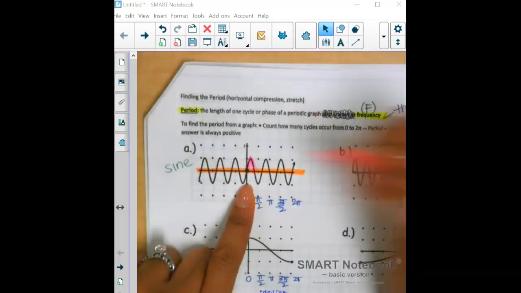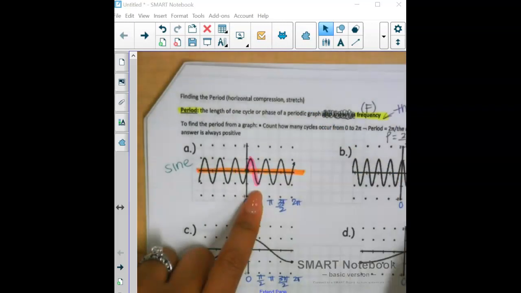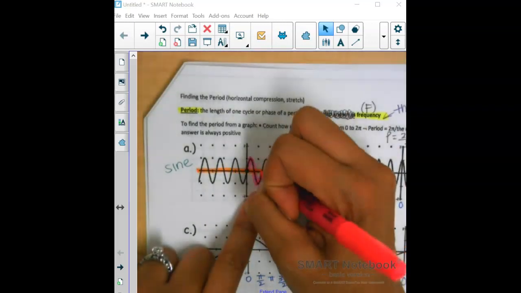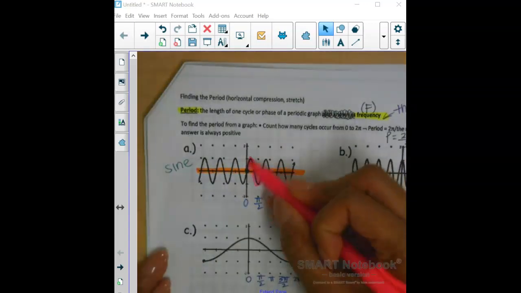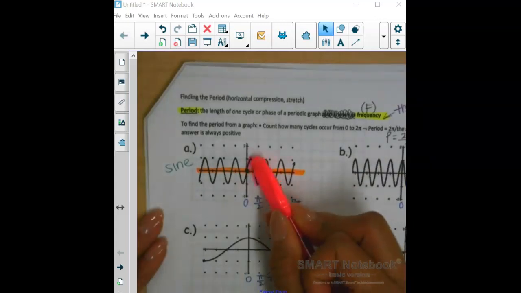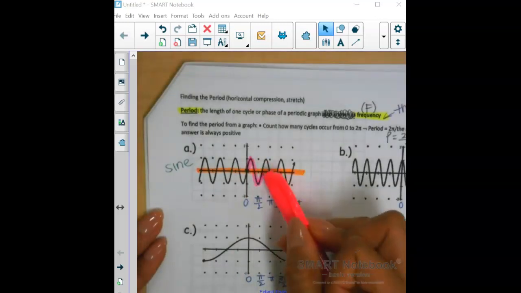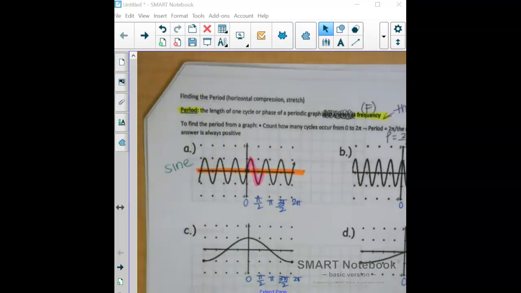It's going to come down to your x-axis again, so it's another x-intercept. Back down to your minimum, and then back up to your x-axis. This that I just highlighted in pink, that's 1 full cycle. It went from midline, maximum, midline, minimum, back to your midline. It needs to have 3 x-intercepts when you graph that out.